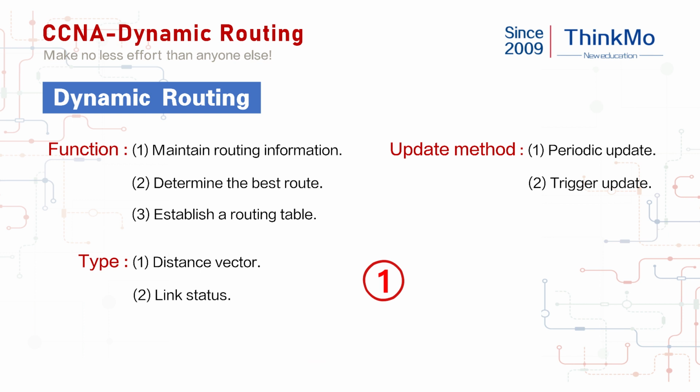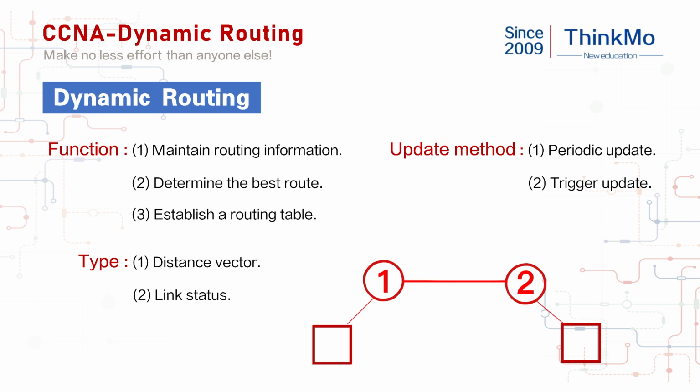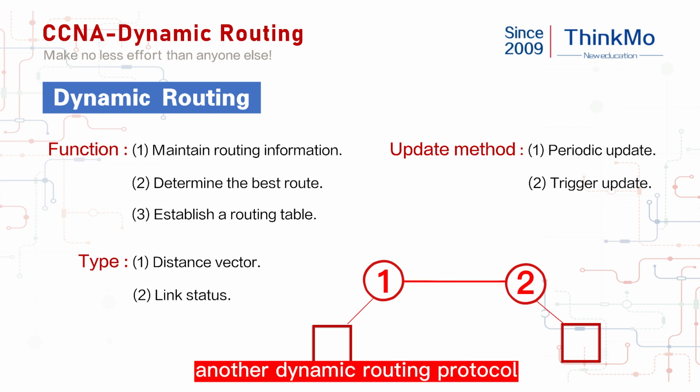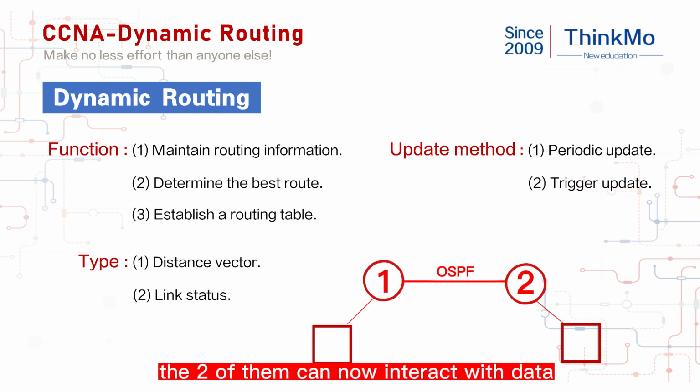This is R1. This is R2. Two devices. A PC is connected here, and another PC is connected here. There is a line between them. Another dynamic routing protocol is running between the two devices, called OSPF. You don't care how it works. The two of them can now exchange data.